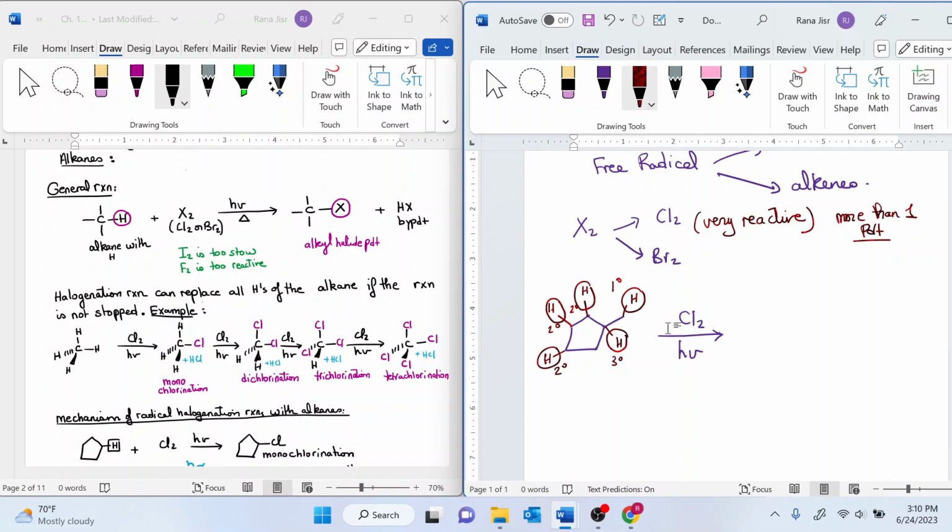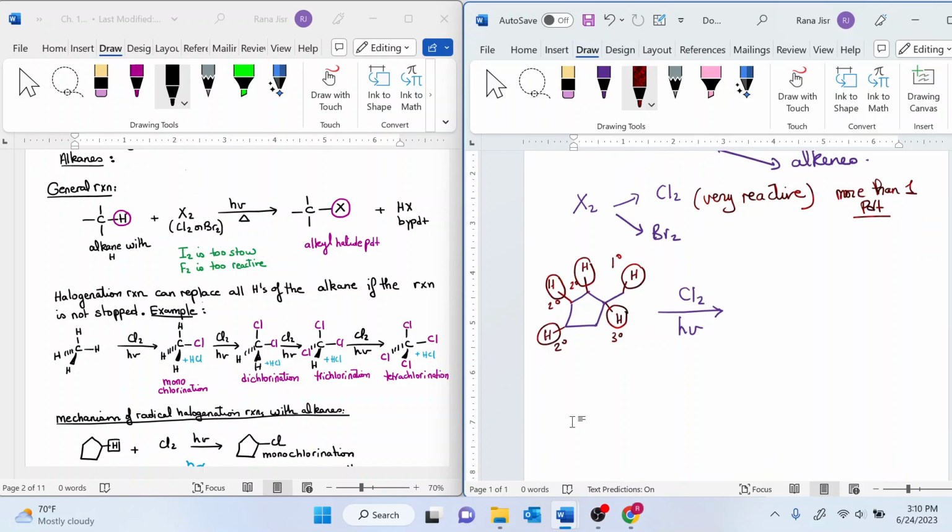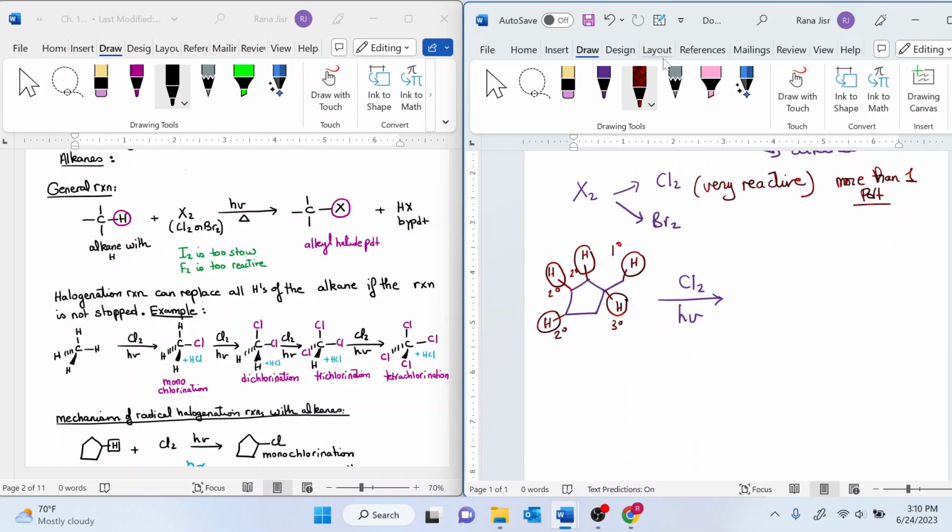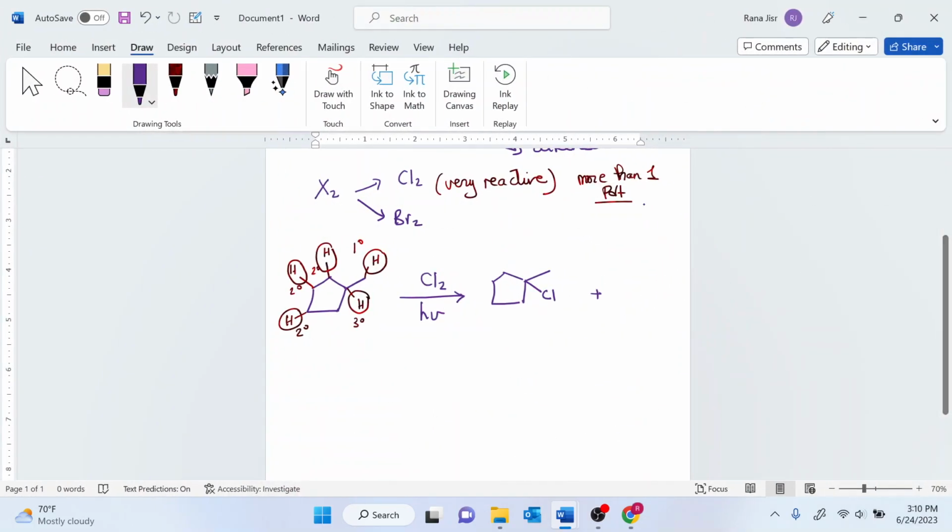Chlorine, since it's very reactive, it's going to replace every single hydrogen of those. So I will end up getting, in this case, 5 products. I'm going to end up getting a replacement of the tertiary hydrogen by the chlorine. This is going to be my first one. And then I'm going to end up getting my second product, replacement of the primary with a chlorine.